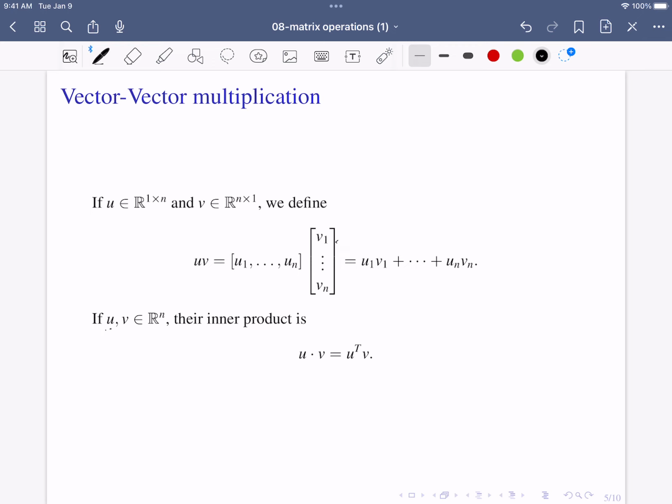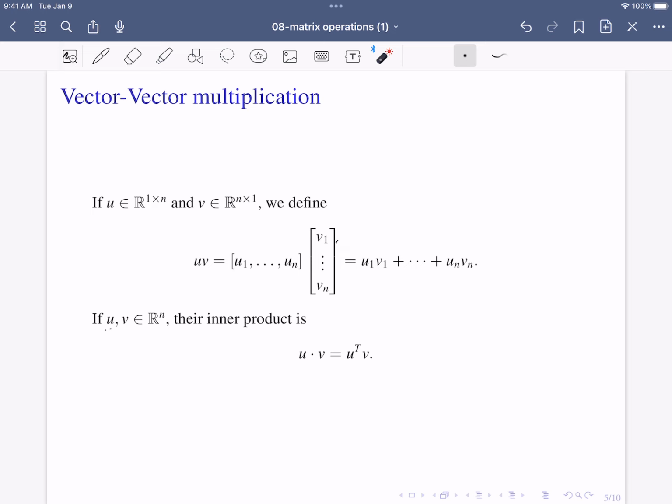Multiplication. Matrix multiplication is not component-wise multiplication, first of all. So it's a little bit more complicated than addition. So we start with the simplest form of multiplication, so-called vector-vector multiplication.